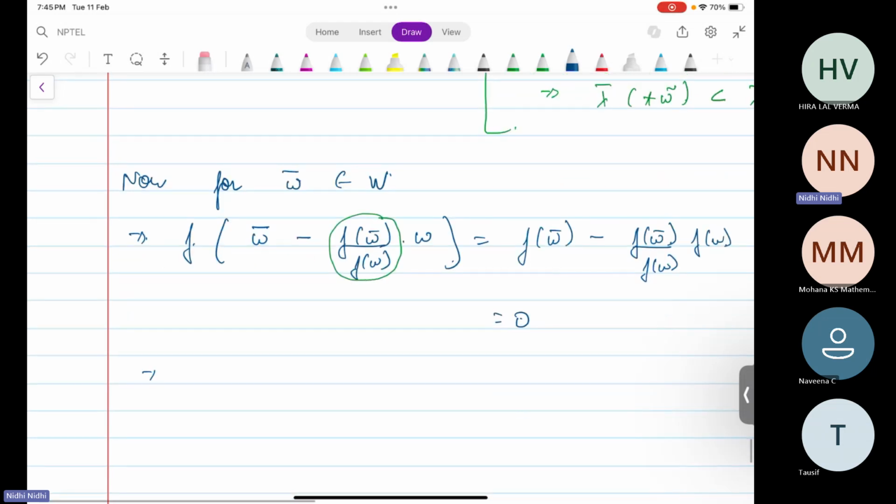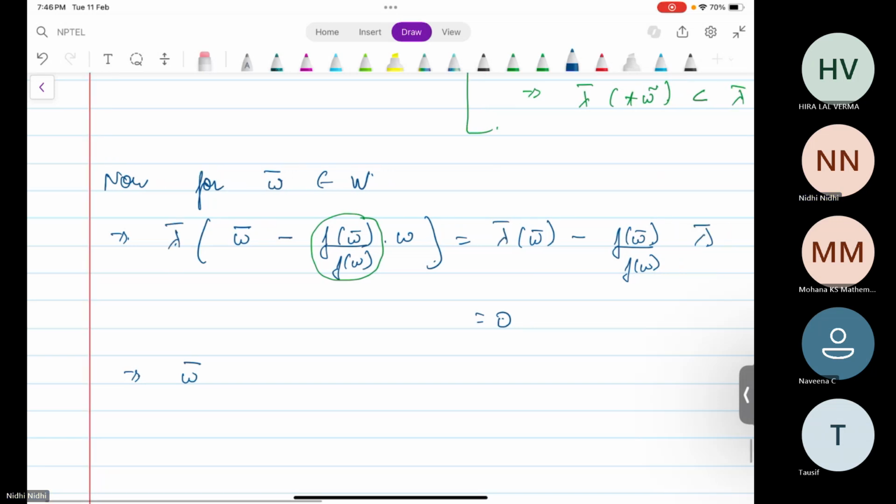This implies w bar, sorry, this is not f, this is lambda. So this is lambda bar w.